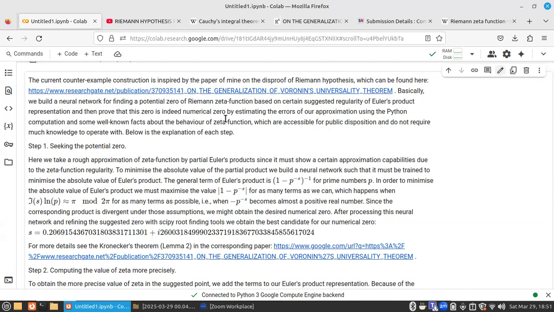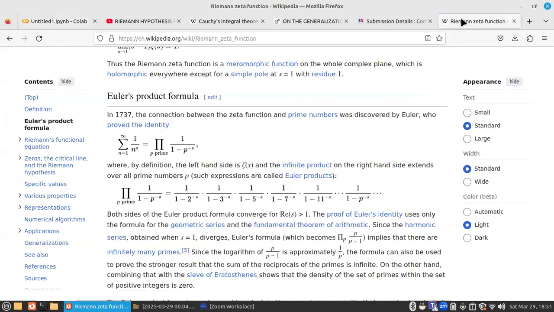So, what do we start with? First of all, for starters, we know that Riemann zeta function is representable as an Euler's product, where this product is taken over all of the primes. So what do we know? We know that this product is convergent for real parts of s greater than 1.